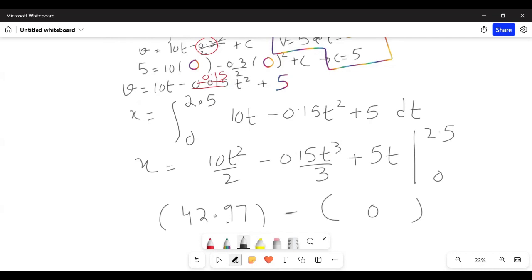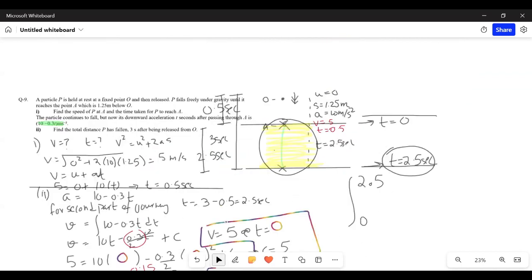Okay, this is the time for the second part of the journey. Sorry, this is the distance for the second part of the journey. और first part of the journey का भी distance हमें पता है, that was 1.25. फिर यहाँ पे this is 1.25.